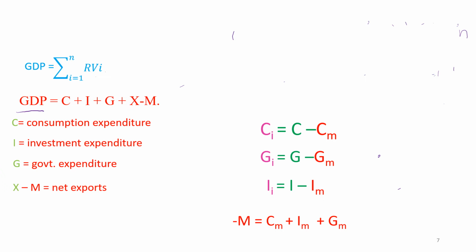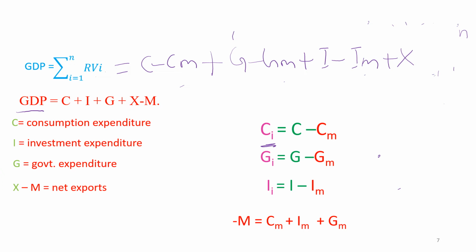Now you can substitute: sigma i equal to 1 to N RVi is equal to C minus CM in the place of CI, plus G minus GM, plus I minus IM, plus X. Then remove minus CM, minus GM, minus IM.